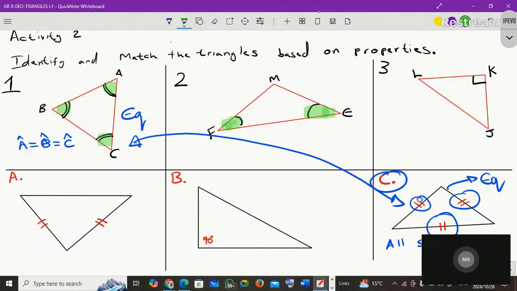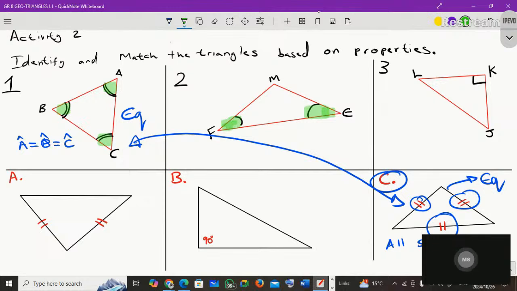Remember, when you are dealing with a triangle, if you have 3 angles that are equal, that triangle also has 3 equal sides, because in a triangle, opposite angles and opposite equal sides are equal.